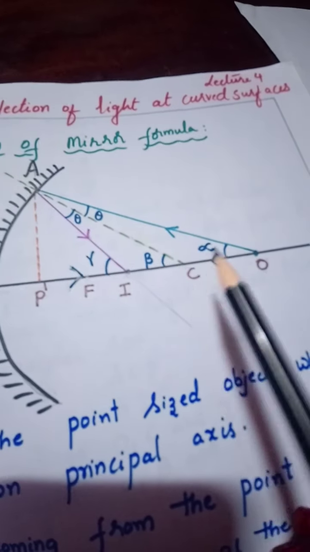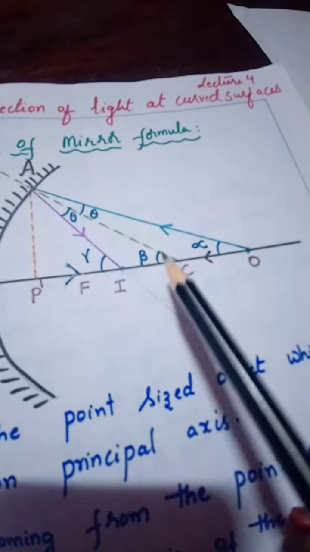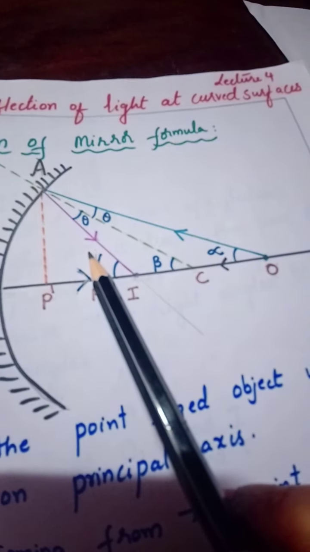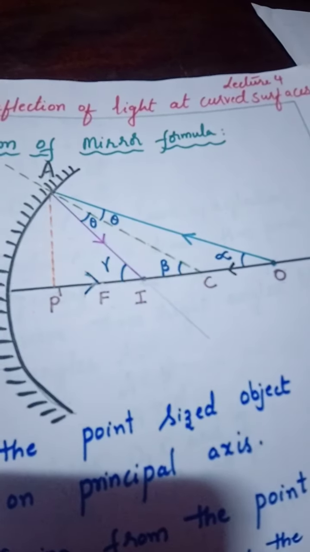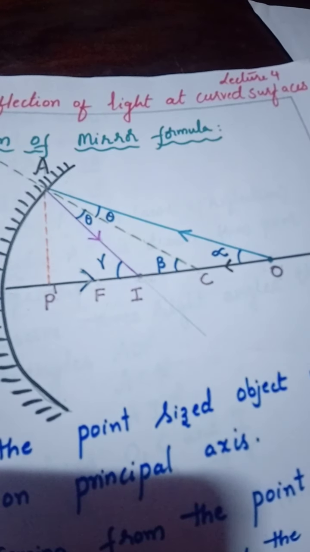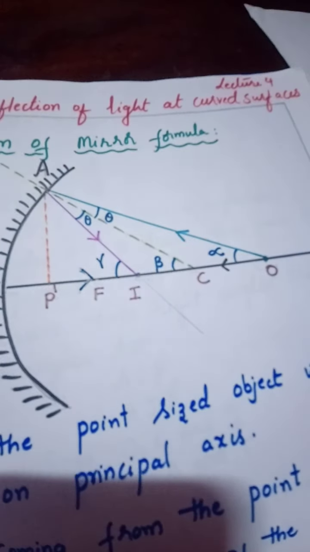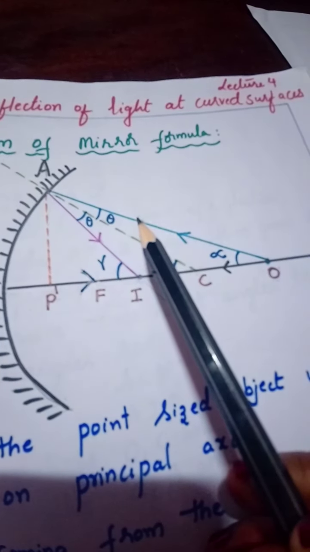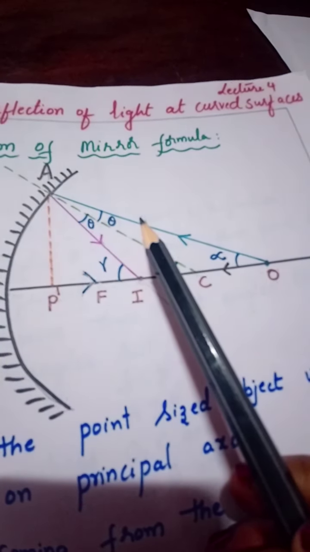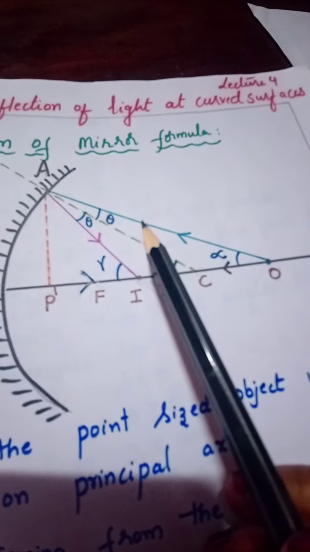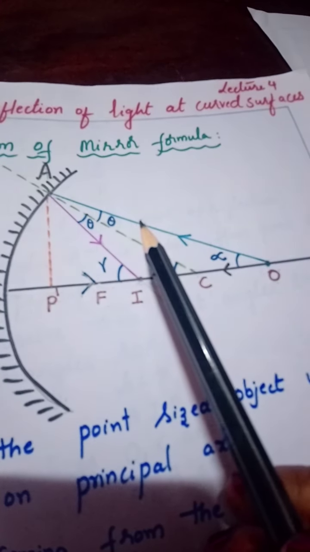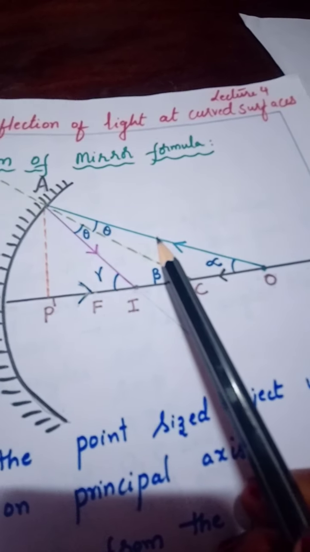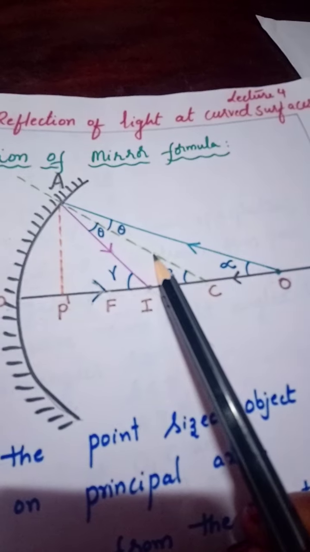And let's see the angle of incidence. According to the laws of reflection, angle of incidence is equal to angle of reflection. It is not only for plane mirrors, even for curved surfaces it is true. The laws of reflection are valid. So here, what is the angle of incidence? You must learn all these definitions I told you in lecture 1. Angle of incidence is the angle between the incident ray and the normal. The blue colored one is the incident ray and the dotted line is the normal.